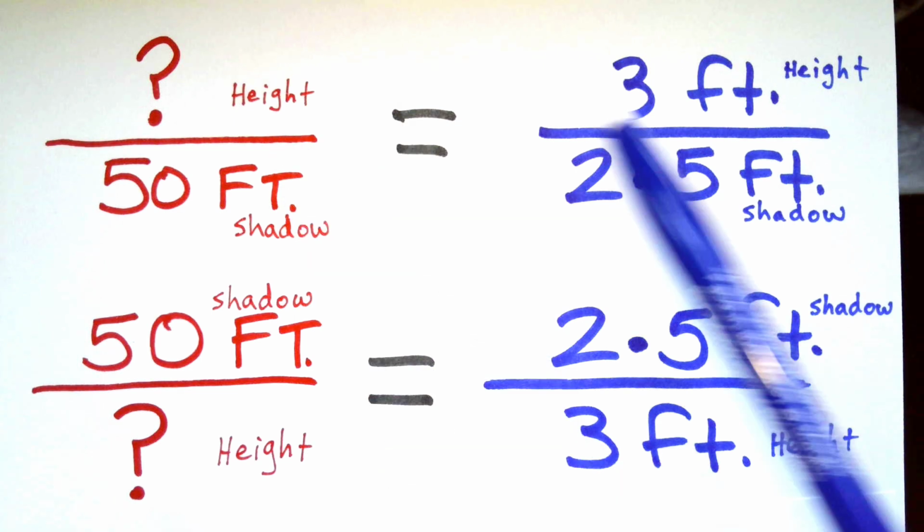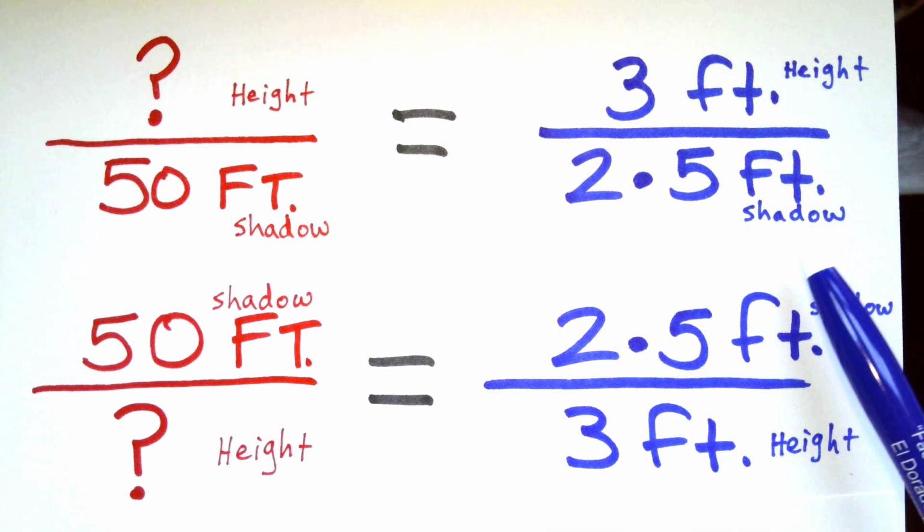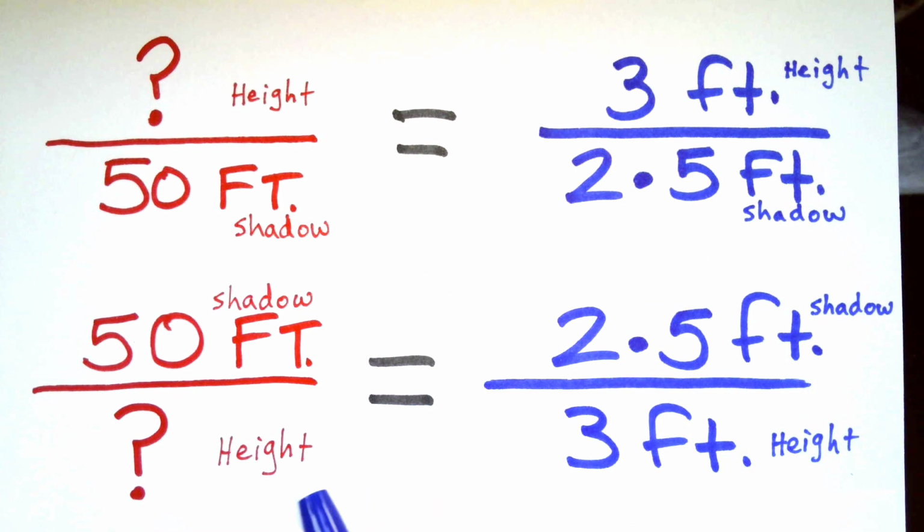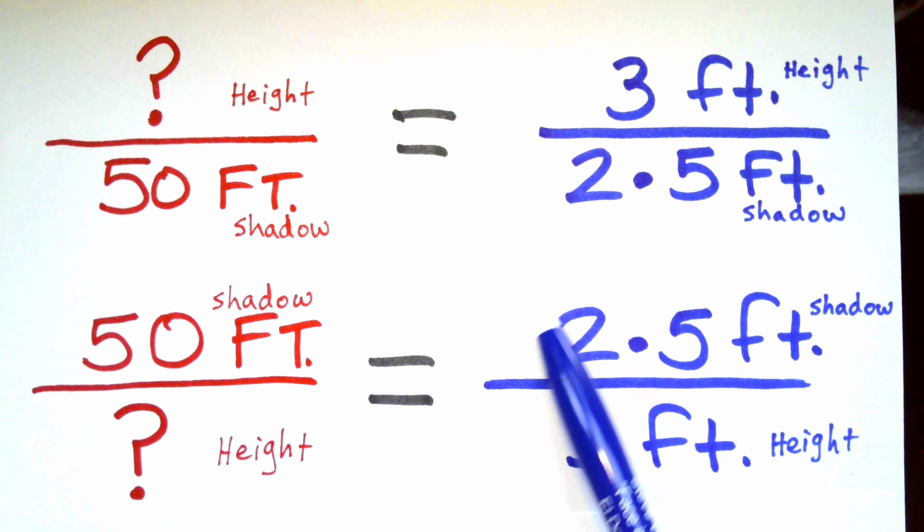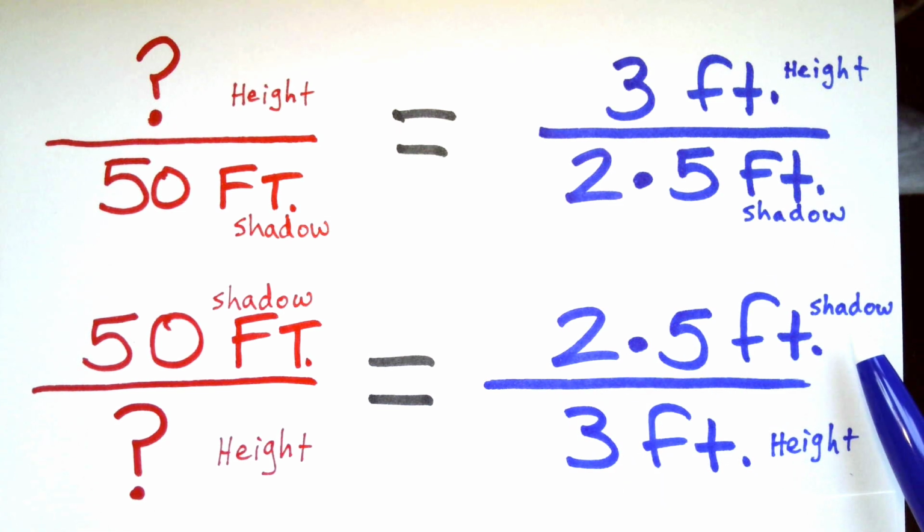So notice here again, height to height, shadow to shadow, right? Or you could set it up with the New York City building value of the length 50 feet of the shadow on top, and then the unknown height on the bottom. If you do that, then for the flagpole, you need to put the 2.5 feet shadow value on the top, and then the height would go on the bottom.